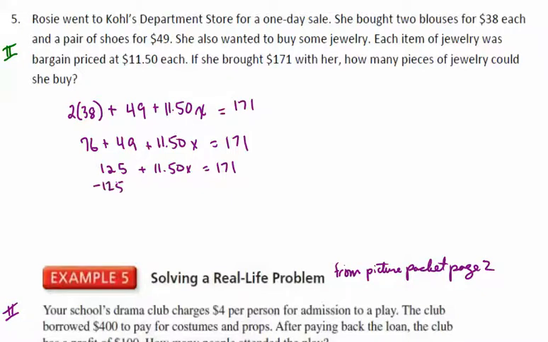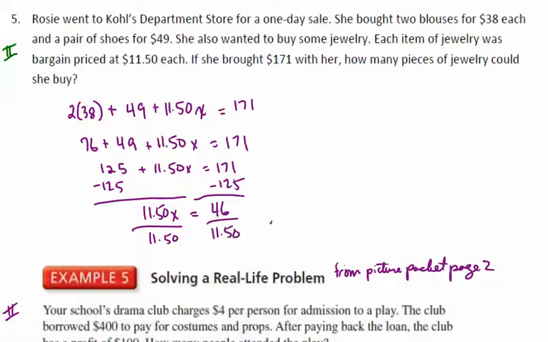At this point, we're going to subtract 125 from each side, and we'll get 11.50x is equal to $46. Dividing by 11.50 on each side, we'll get x is equal to 4.